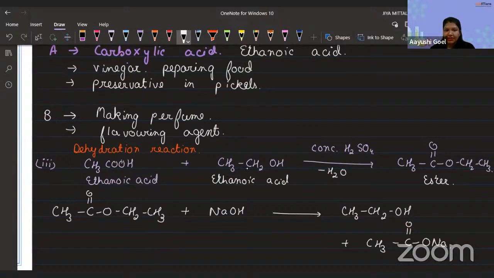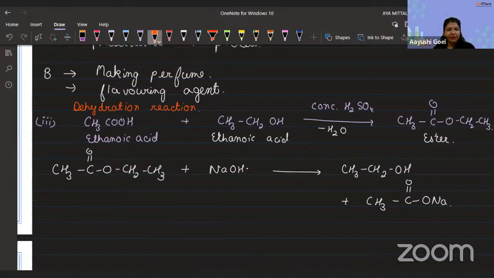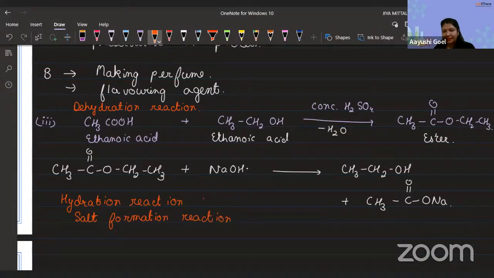That is hydration reaction. See, this is hydration as well as this is a salt formation reaction. Salt formation reaction, because in this case, the salt is formed. This is the salt.